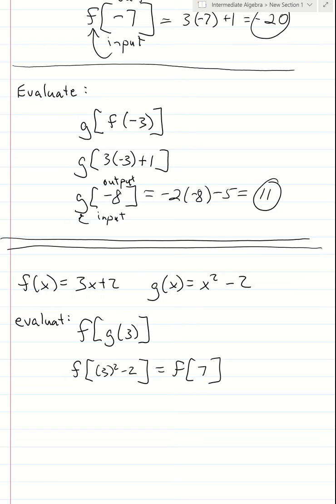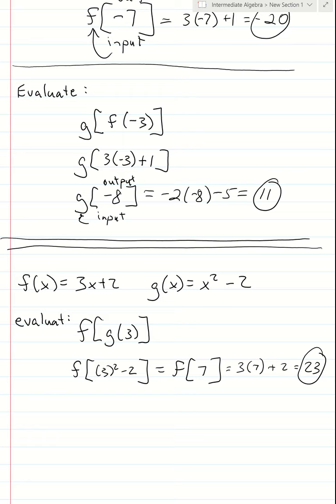Once again, that's the output of the function g, which will now become the input for the function f. And according to the function f, I need to do 3 times the input and then plus 2. And when we do that and simplify, we get 23 as our answer.